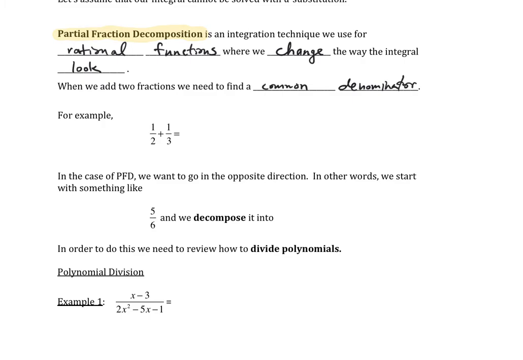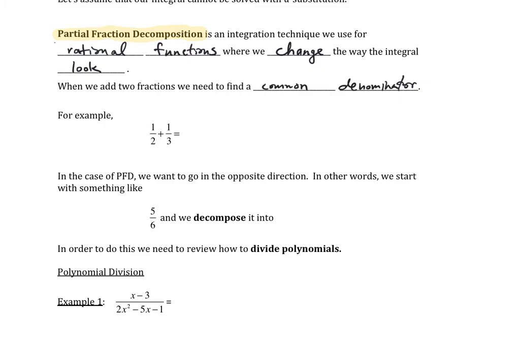All right. So let's take a look at an example. Let's say you want to add 1/2 plus 1/3. They have different denominators of 2 and 3. And because these guys have no common factors, we could say that the common denominator is going to be 6. So how do I add these fractions?